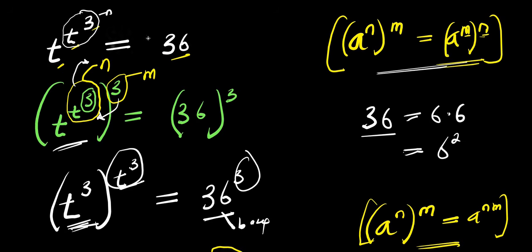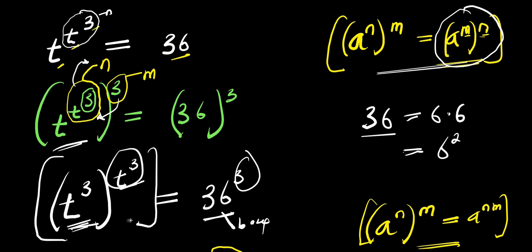Then we raise it to the power of the 3 again, and that 3 represents our n. That was what we did here. And we transform it using this other part of the identity, in which the n was now inside the bracket and the n was outside the bracket, for us to have this. Because the aim was to have the base and the exponent to be the same.